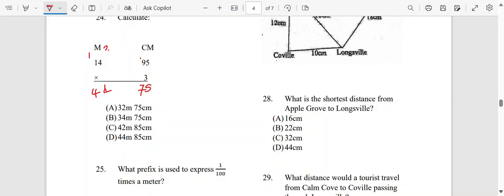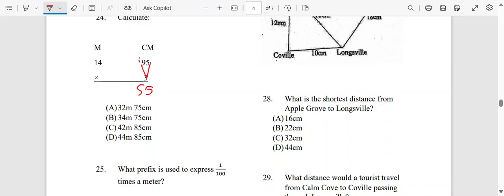Something is not right here. I made an error. Let's go back again with this one. So we are multiplying. 3 times the 5 is 15. And 3 times the 9 is 27, and 1, 28.